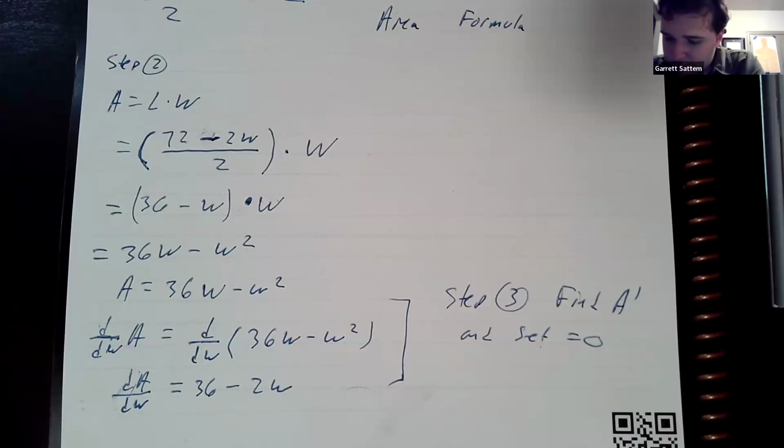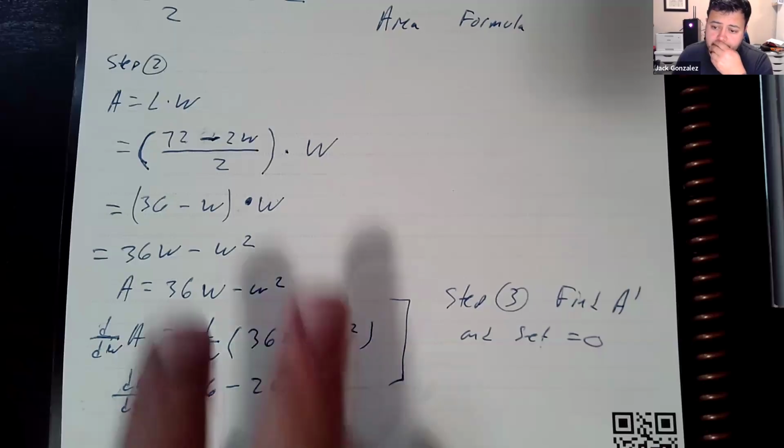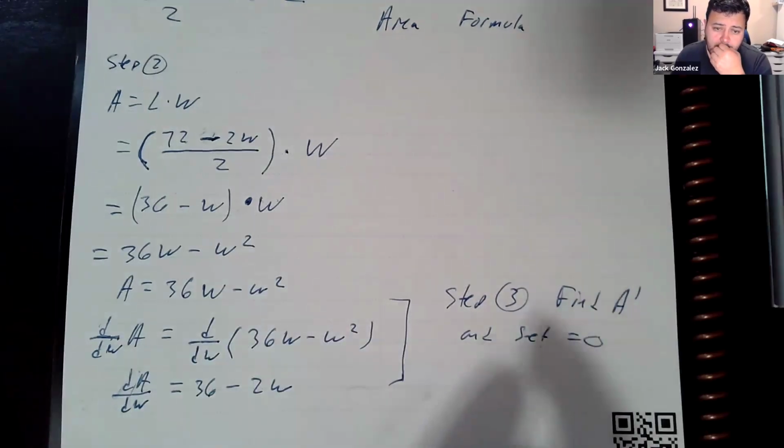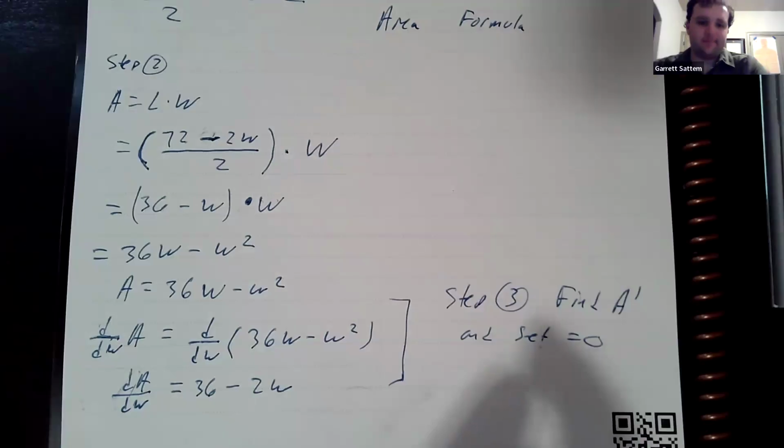Step 3 is to find A prime and set it equal to 0. Any questions on the derivative or the substitution? Let me know at any time. I can always turn it back.